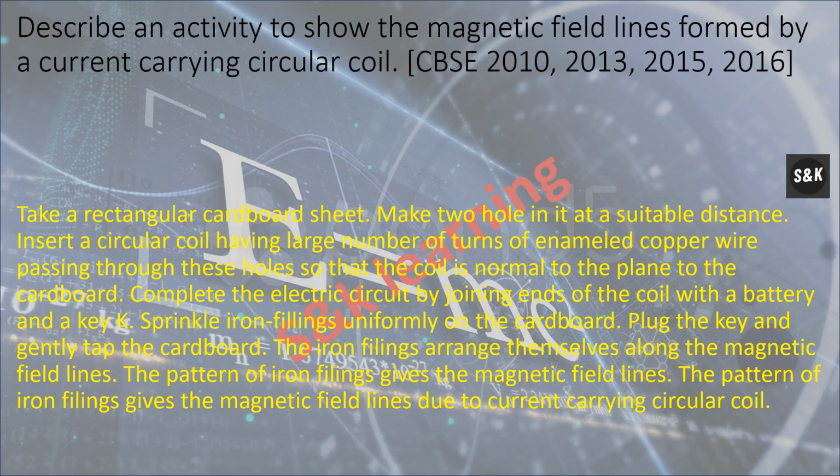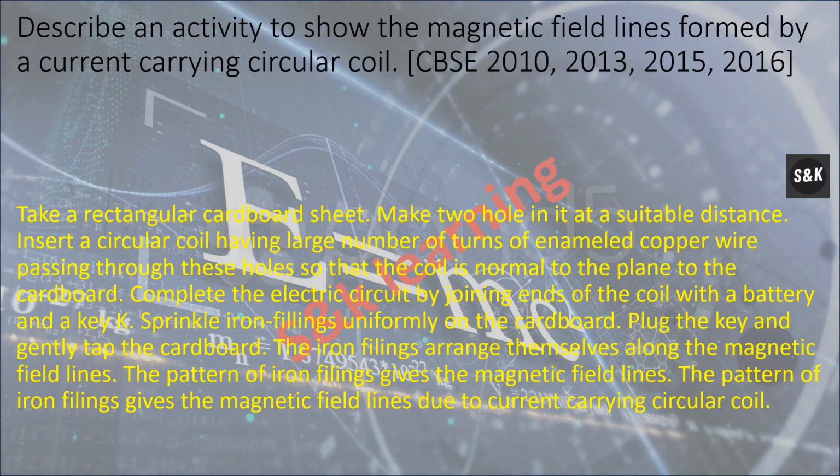Describe an activity to show the magnetic field lines formed by a current carrying coil. Take a rectangular cardboard sheet and make two holes in it at a suitable distance. Insert a circular coil having a large number of turns of enameled copper wire through these holes so that the coil is normal to the plane of the cardboard.